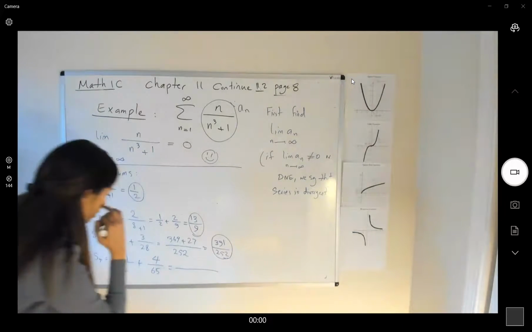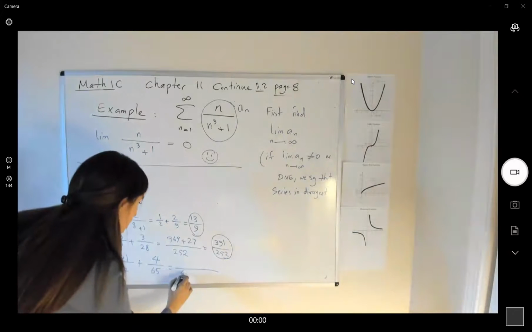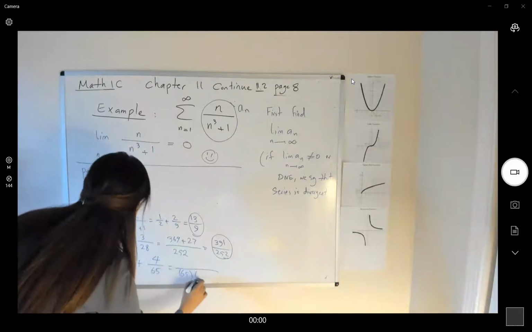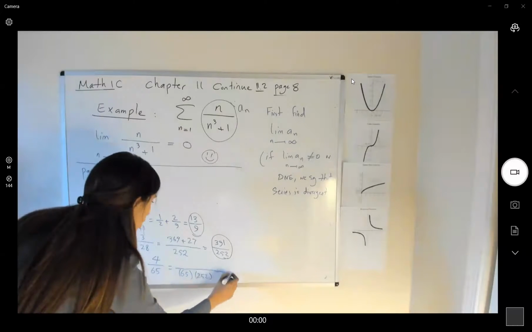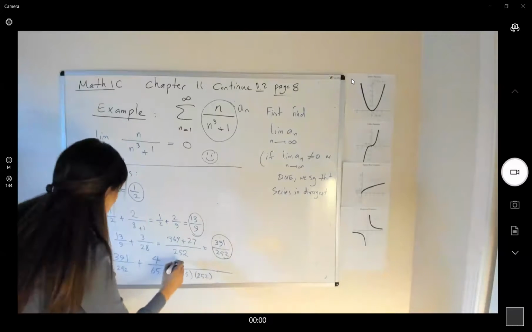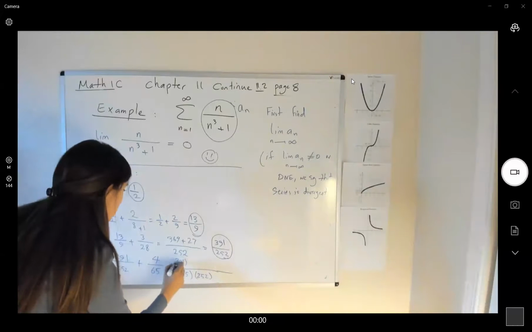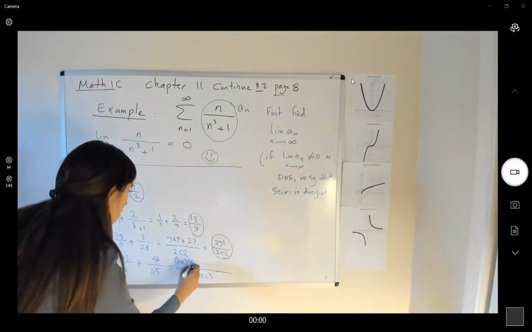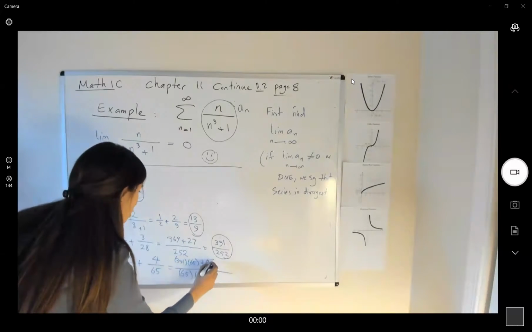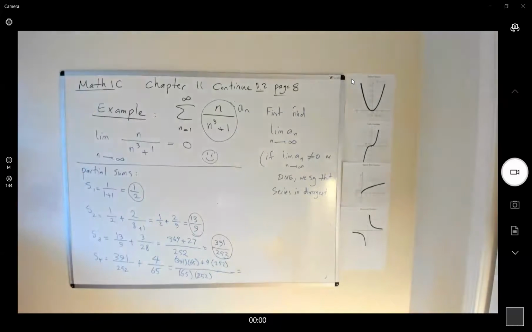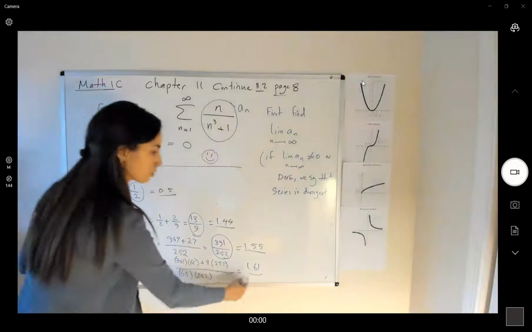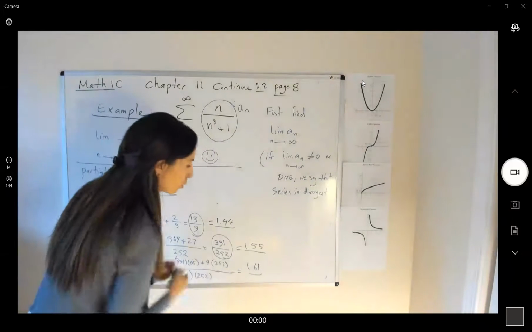If I take a common denominator between these two, I get 65 times 252, and on the numerator I multiply 395 times 65 plus 4 times 252. After doing the algebra, thanks to you, it is 1.61.